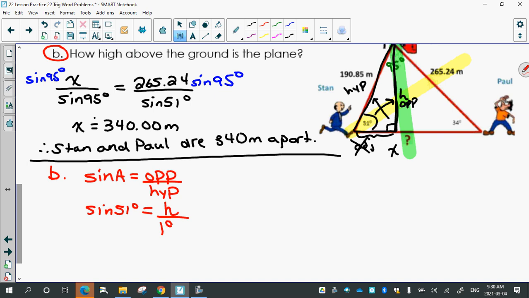And the hypotenuse is 190.85. So then, to get h by itself, I multiply both sides by 190.85. And I get h is approximately 148.3.